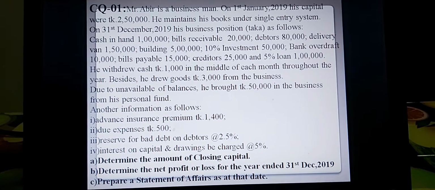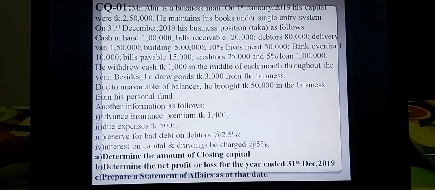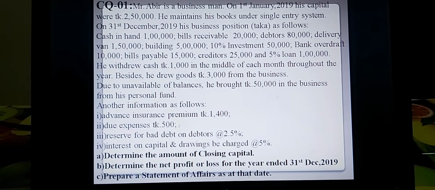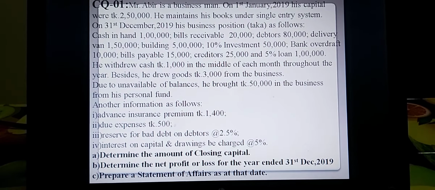Okay, at first you have to open three statements or three formats to be drawn in your accounting practice copy. The first one, statement of closing capital or statement of affairs. Second one, statement of profit and loss. Third one, statement of affairs.